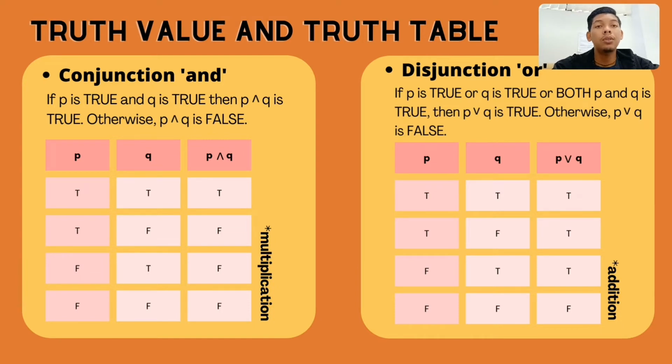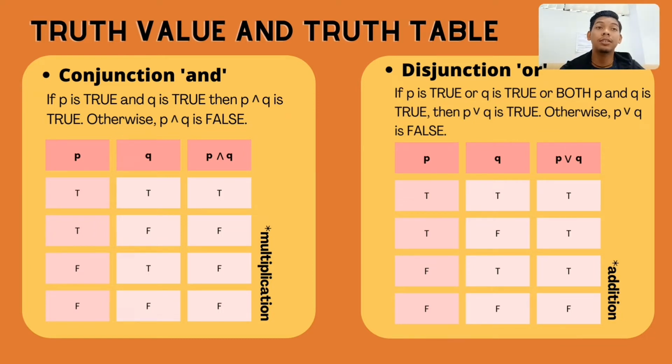I put multiplication, assuming that true equals 1 and false equals 0. So if you multiply 1 with 1, you get 1, which is true. And if you multiply 1 with 0, or any number with 0, you will still get 0, or false.